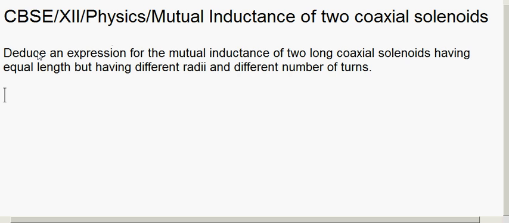Deduce an expression for the mutual inductance of two long coaxial solenoids having equal length but having different radii and different number of turns. The first question is, what is coaxial?